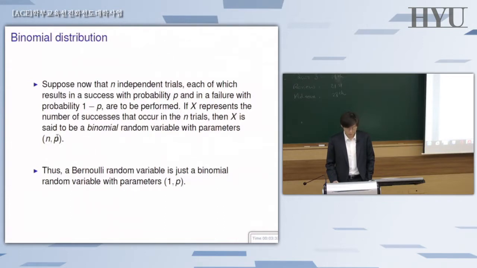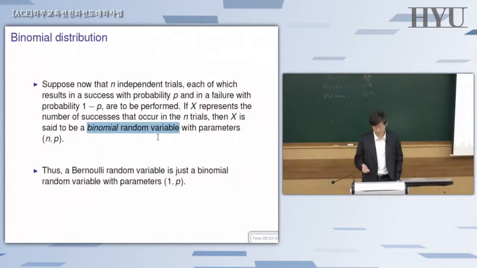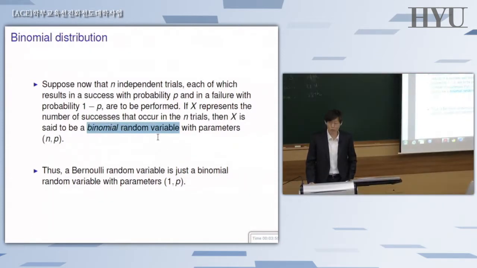So we say the number of trials is n, each of which has success probability of little p. Then we have a so-called binomial random variable, which is nothing but n different Bernoulli random variables. So Bernoulli is nothing but a special case of this more general idea of binomial random variable.